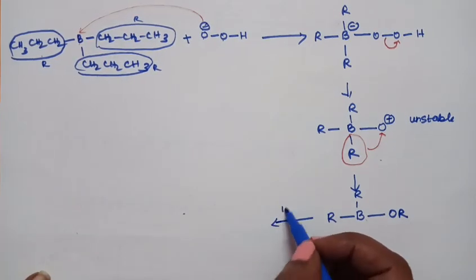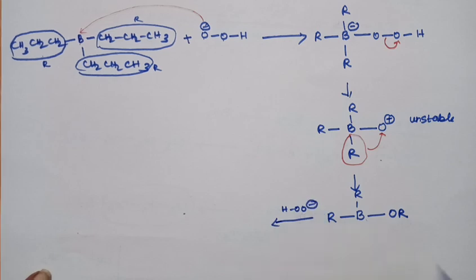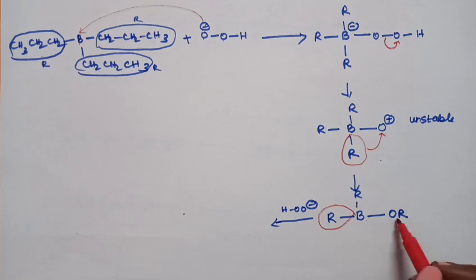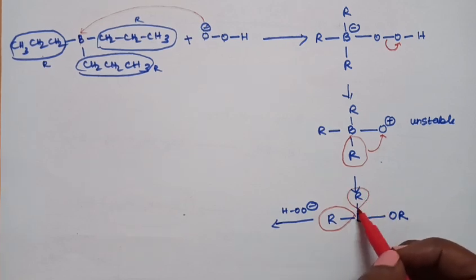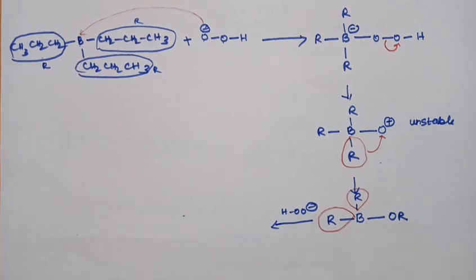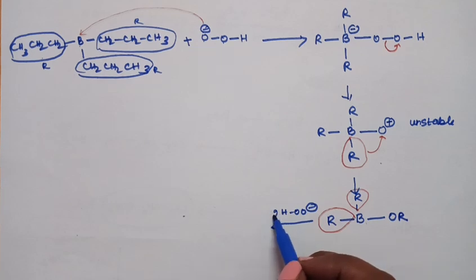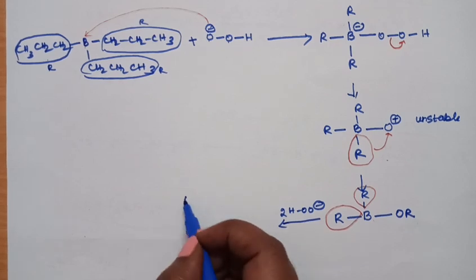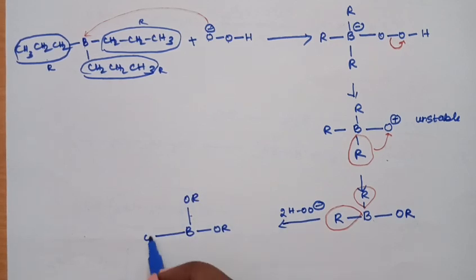You are treating with HOO minus, and even this R group will be converted to OR, and even this R will be converted to OR. So 2 times if you treat, it becomes B, OR, OR, and then OR. So R will become OR.